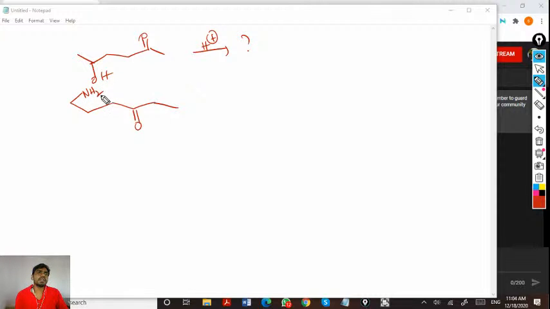Not only OH, NH2 can also act as a nucleophile. Then that is also going to form cyclic products.